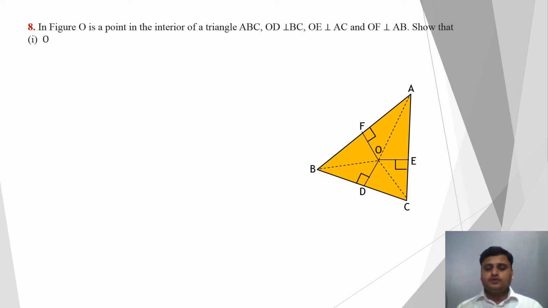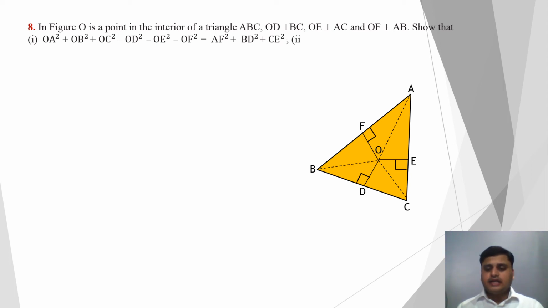The first one that we are going to show is OA square plus OB square plus OC square minus OD square minus OE square minus OF square is equal to AF square plus BD square plus CE square.